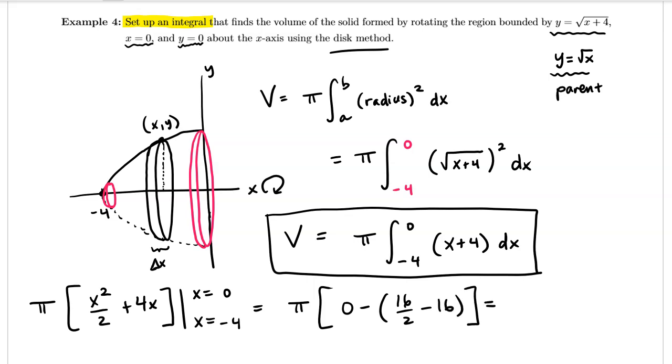So, let's see, we have pi times -8 minus 16, that's equal to 8 minus 16 is -8, -8 is +8, so this is going to simplify to be 8 pi. And again, this question really just asked us to set up the definite integral that would find the volume, but I solved it because of the next example that we're going to take a look at.